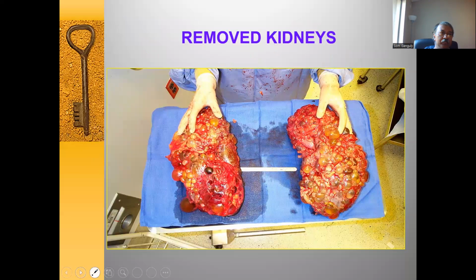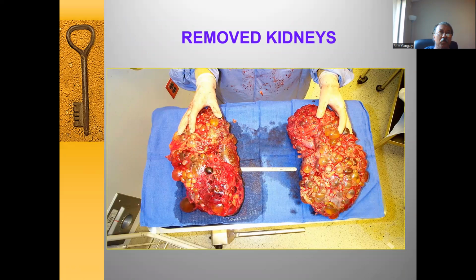Kidneys are removed for many different reasons. One of the reasons that you see here is enlargement of the kidney from polycystic kidney disease. This kidney is looking 4 times larger than a normal kidney, and it is removed because it's not functional anymore and it is causing pain and suffering for the person.